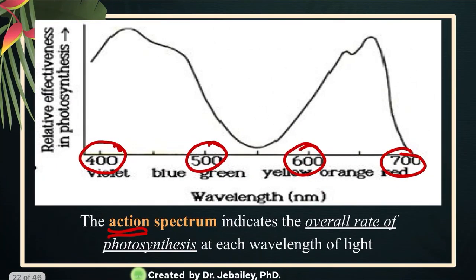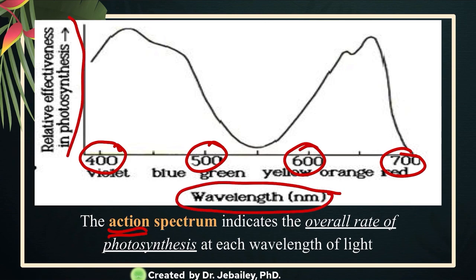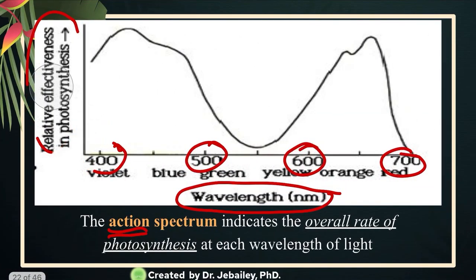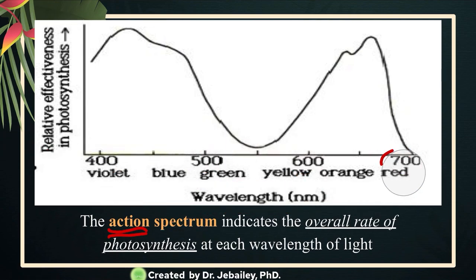And this one also has the wavelength in nanometers, right? But here on the y-axis, it's saying photosynthesis, while this one was saying just the absorption of the pigments. So that's the first difference you can see. The x-axis is the same for both, but the y-axis is different.